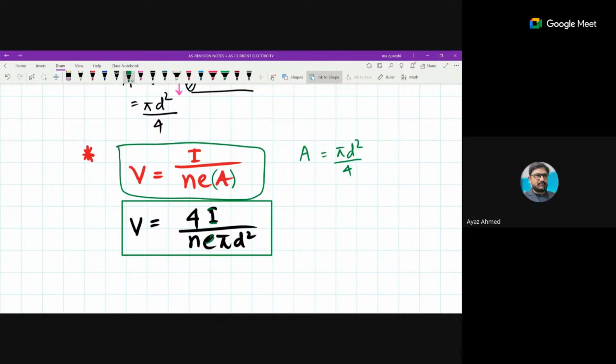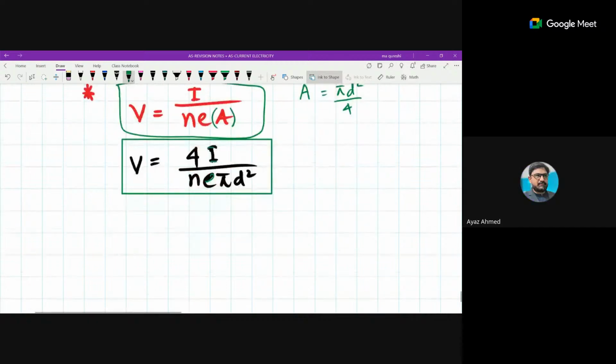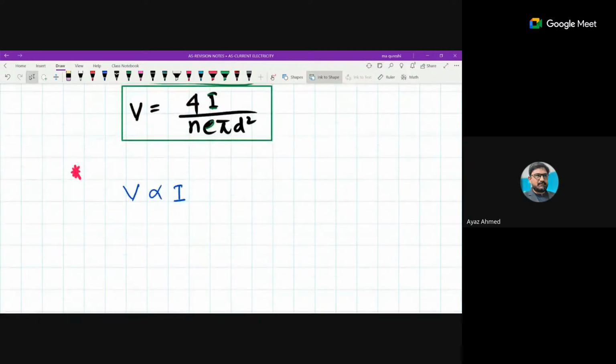So from here, I have to make some relations or some factors which are effective in all these calculations: v is directly proportional to I. I will reach the calculations later on, but because there are some critical analysis questions, v is directly proportional to I. So you can reduce the current by any means.